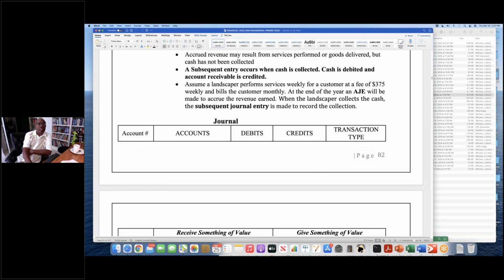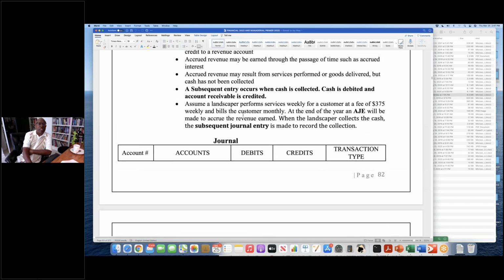So let's look at an example. Assume your landscaper performs services at a fee of $375 a week, but bills you monthly. So the landscaper sends his workers out and he charges $375 a week.